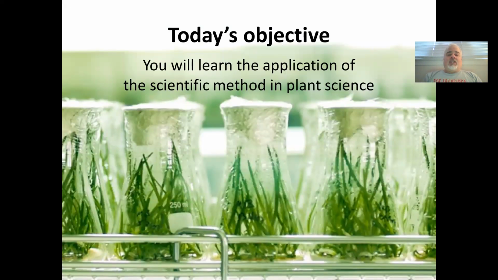So what are the objectives? We're looking at the scientific method and how to apply it in plant science topics. And vineyard production and management is a plant science topic. It's just a plant science topic specific to vineyards.